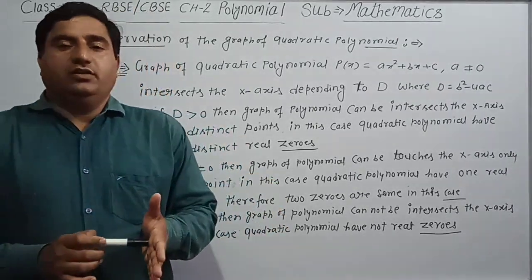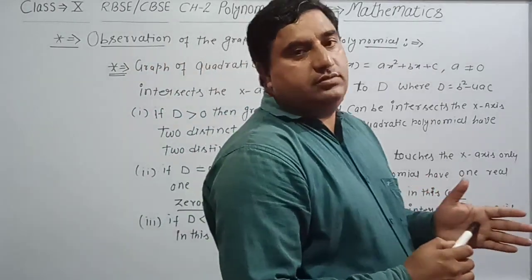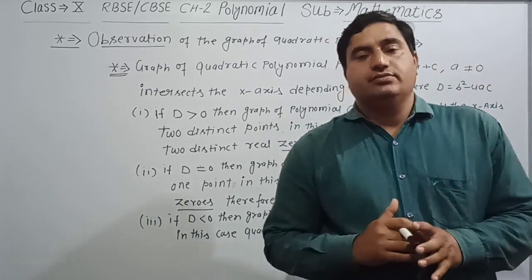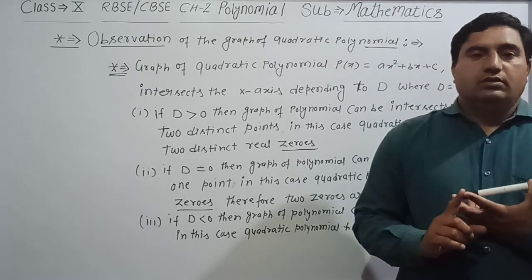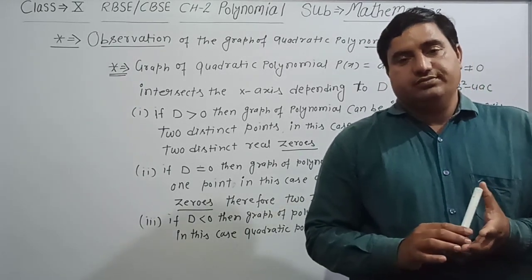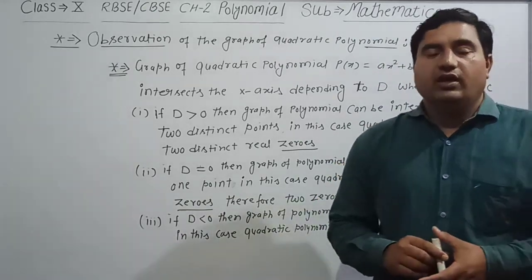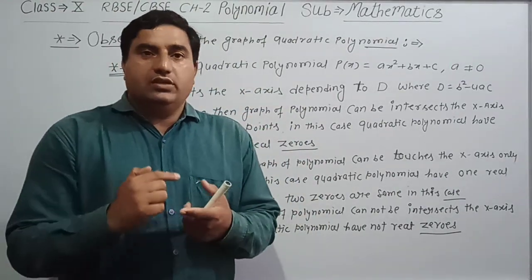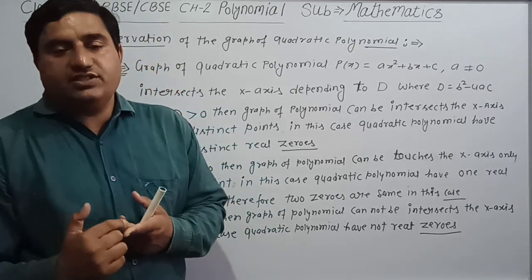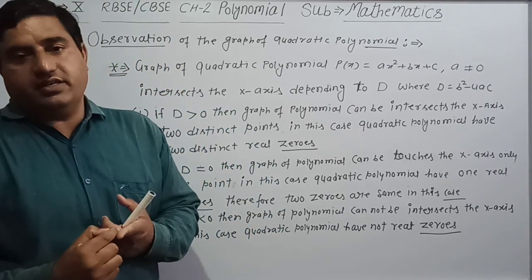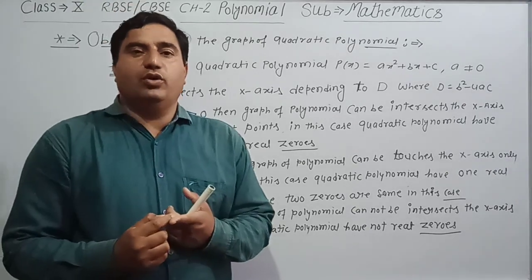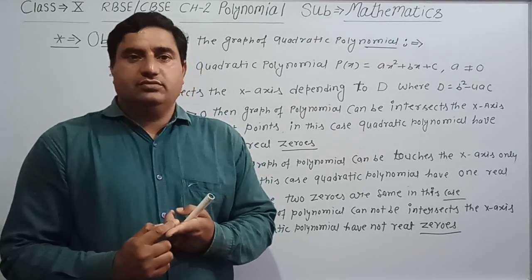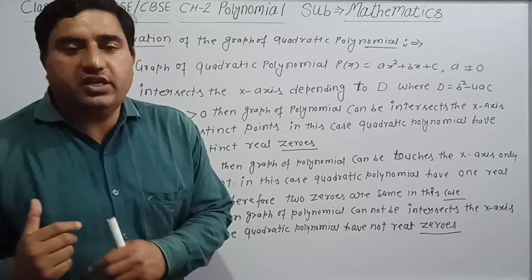If the graph of the quadratic polynomial intersects the x-axis at 2 points, then the zeros of the polynomial are real and distinct. If the graph touches the x-axis, in this case the zeros of the quadratic polynomial are only 1, therefore these two zeros are same.